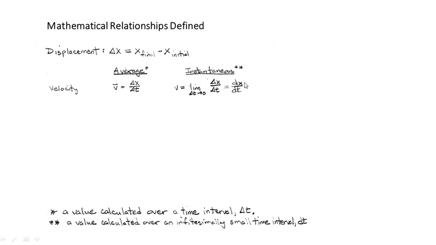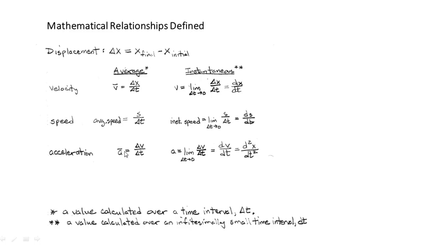The instantaneous velocity is the displacement over the elapsed time as the elapsed time approaches zero. In calculus, we know that as dx/dt, or the derivative of position with respect to time. Speed, the average speed, is the distance divided by delta t. The instantaneous speed is the derivative of path length with respect to time.